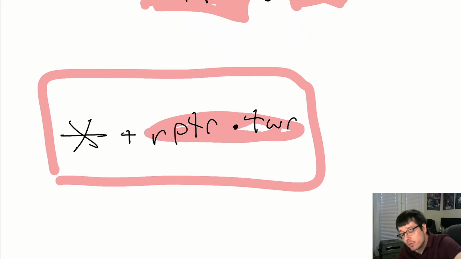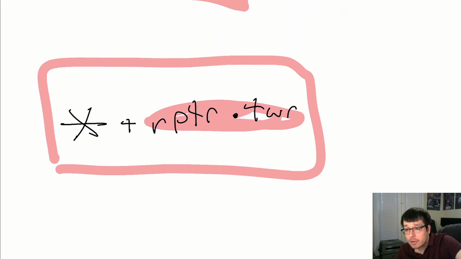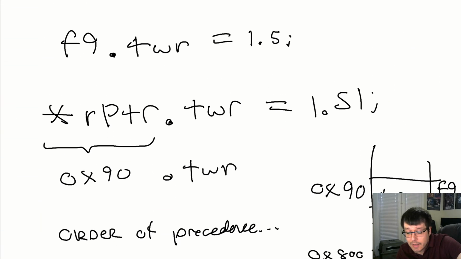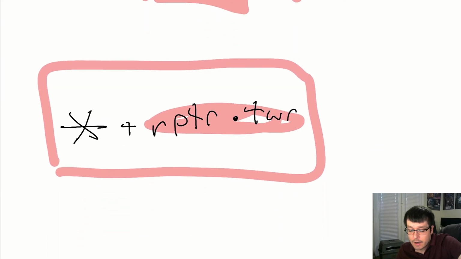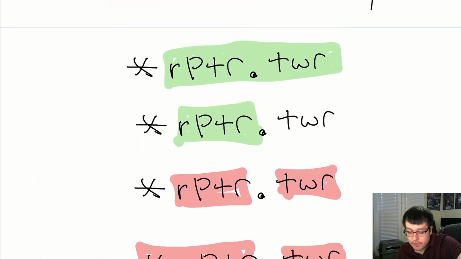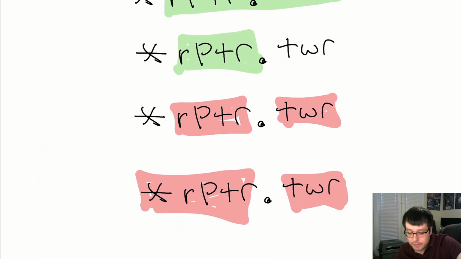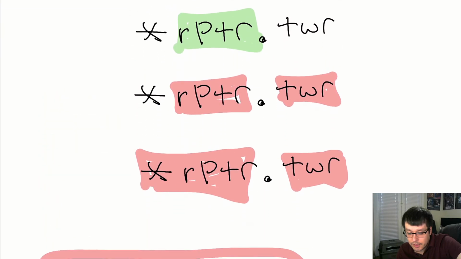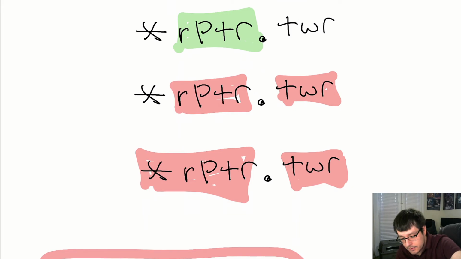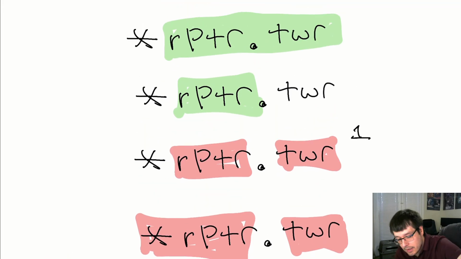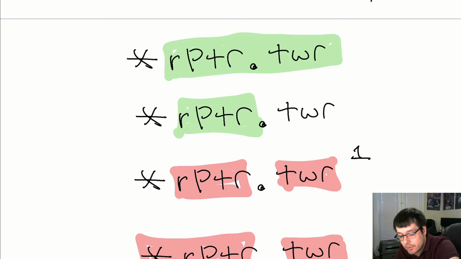Because we need to dereference RPTR, we need to go to that address. And then once we're at that address, then we want to access the field thrust to weight ratio. Currently, of the ones that I drew here, it's technically doing this first, and then from there, it's doing this.